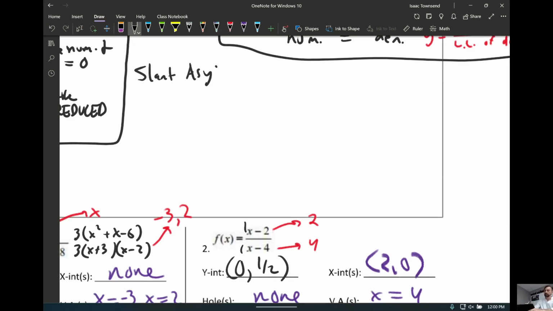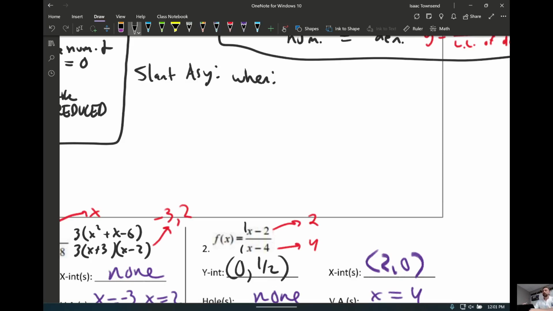So let's first talk about when, so that you don't waste your time when it doesn't have one. By the way, we call them slant asymptotes mostly in America. I think most of the rest of the world call them oblique asymptotes. It's the same thing. Probably won't ever come up unless you do a math contest or something.